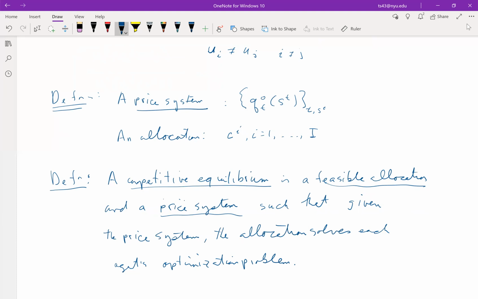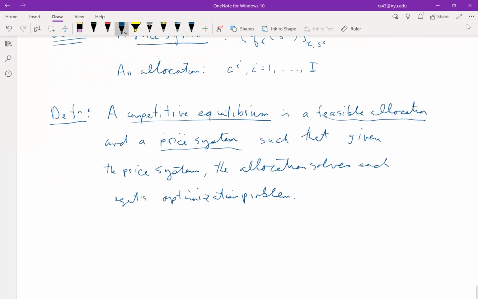Okay, that's what a competitive equilibrium is. So now we want to find some and discuss them.